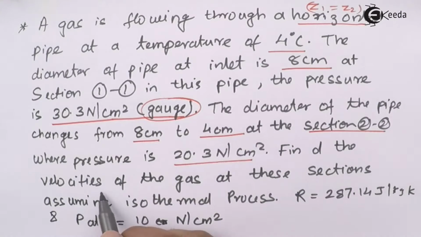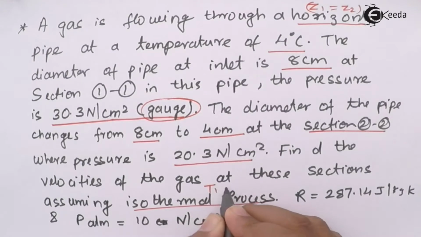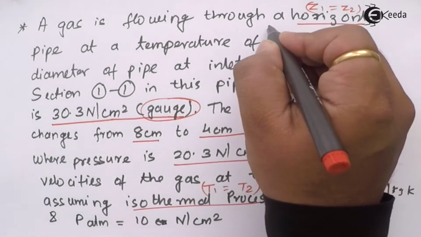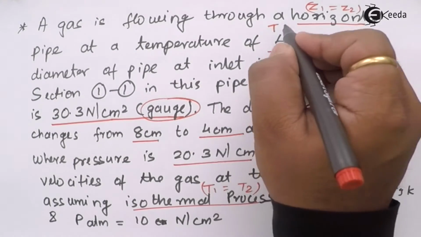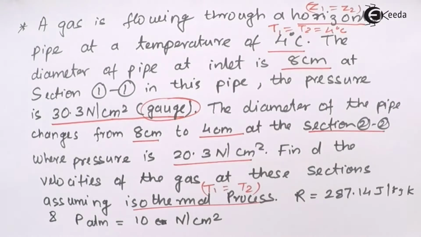We have to find the velocities of the gas at these sections, assuming it is an isothermal process. Isothermal process means T1 will be equal to T2. So let us write down all these things over here. This is the temperature T, where it is an isothermal process, so I will write T1 is equal to T2 is equal to 4 degrees Celsius.